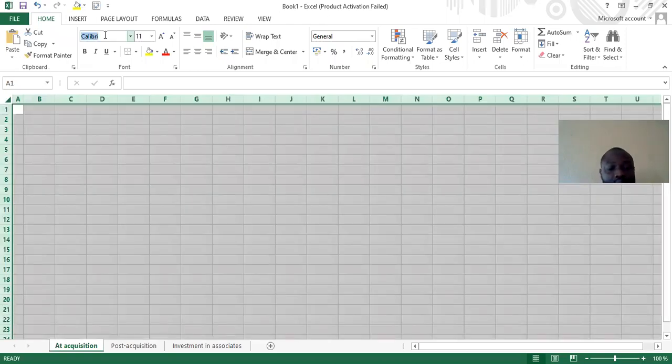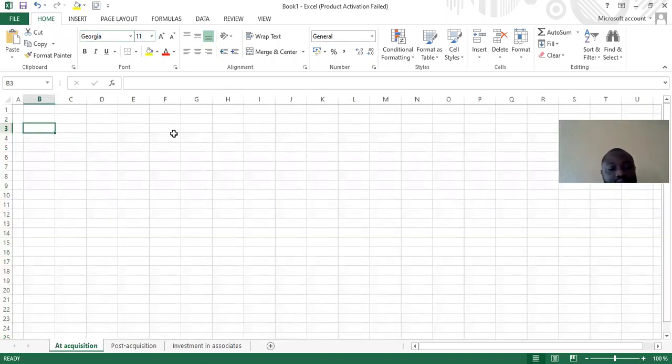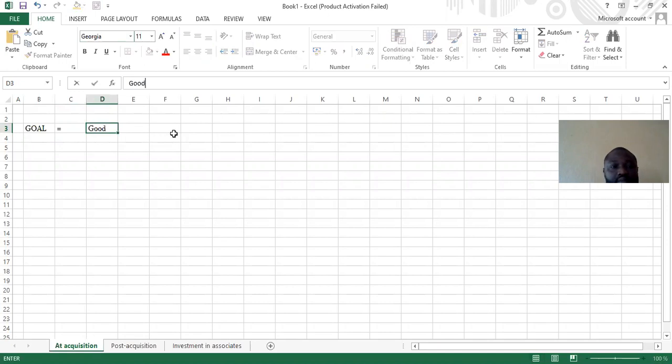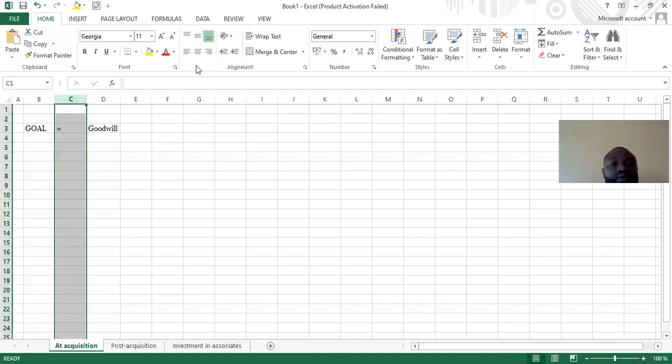At acquisition, your goal is to calculate goodwill at acquisition. Once you calculate goodwill through what they refer to as the acquisition method under IFRS 3, you are good to go.